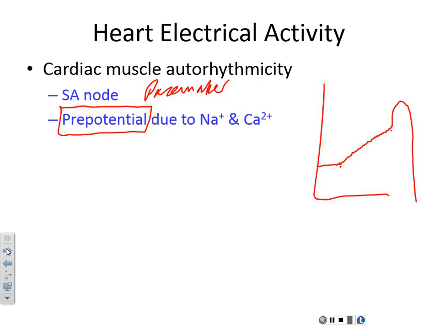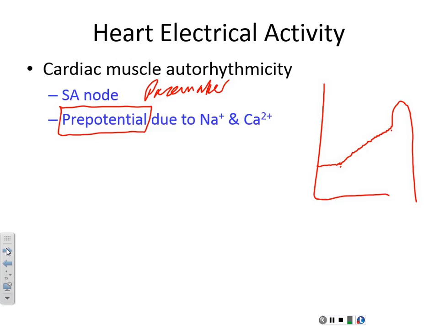The prepotential delays the depolarization, so the length of the prepotential determines the pace of the beating of the heart. If you've got a longer prepotential, the heart is beating slower. If you've got a shorter prepotential, the heart is beating faster. So in order to regulate the beating of the heart, you regulate the length of the prepotential.